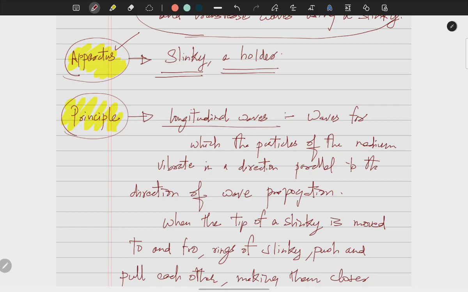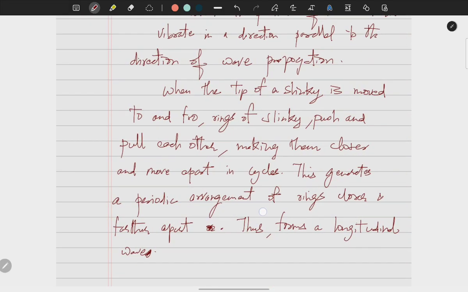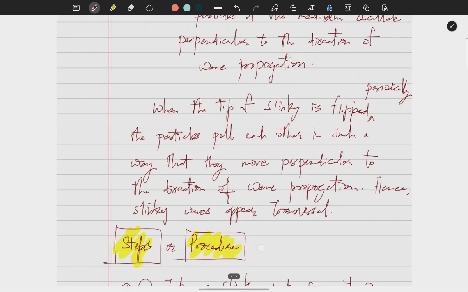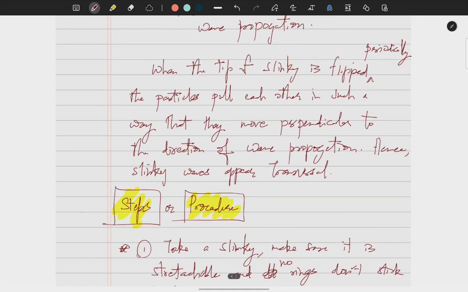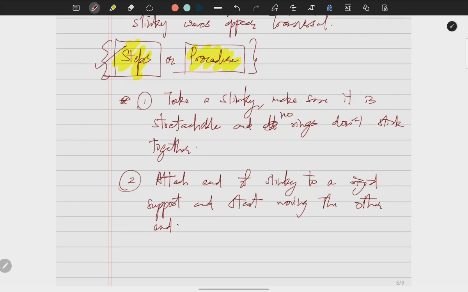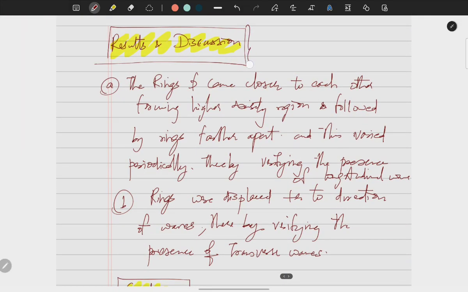In the principle part we mention the things which are relevant to physics. Since we are talking about longitudinal waves, it is worthwhile to mention what longitudinal waves are and how they are generated using a slinky, and you can also do that for transverse waves. Then the next part is the steps of the procedure, how you performed the experiment. Finally we have results, the things that you have observed.